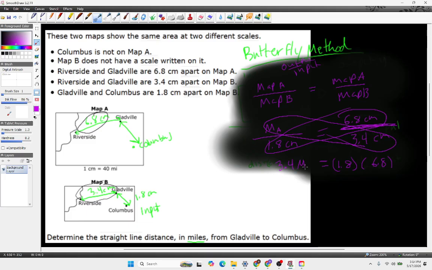I'm going to multiply out 1.8 times 6.8, and it's going to give me 12.24 equals 3.4 ma. Now to solve for ma, the map distance on A of Gladville to Columbus, I'm just going to isolate the variable, and I do that by dividing both sides by 3.4 to get rid of this 3.4.